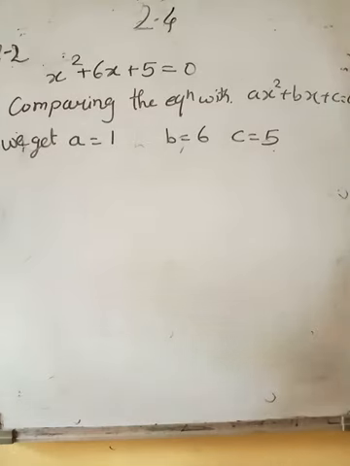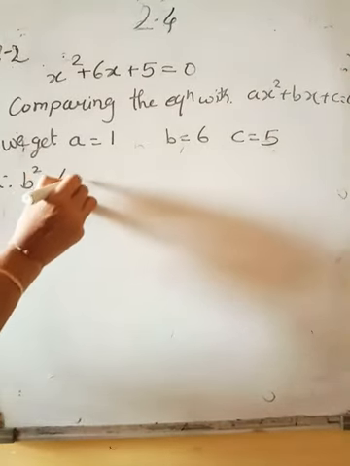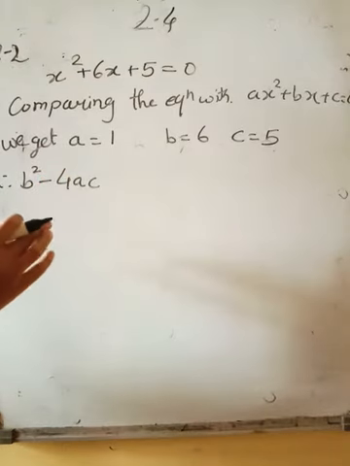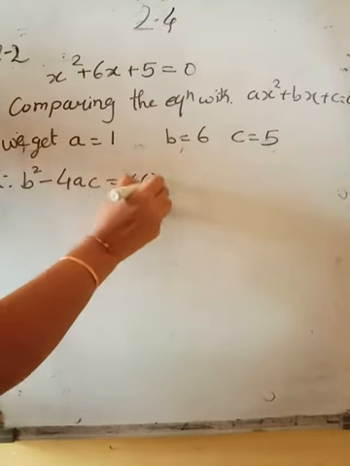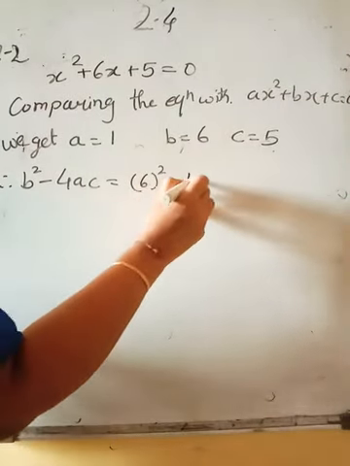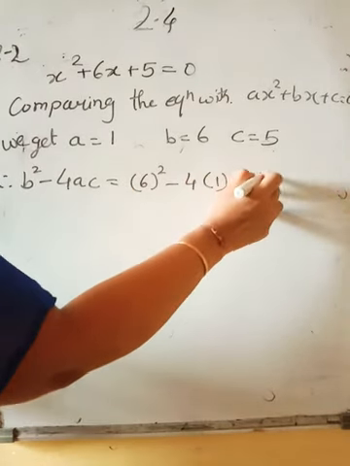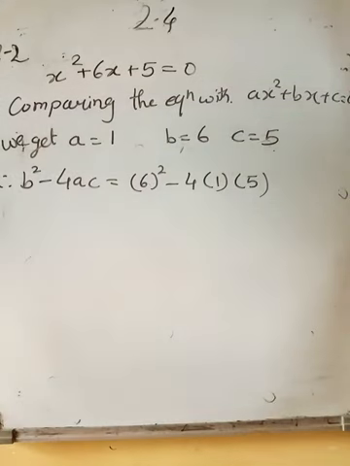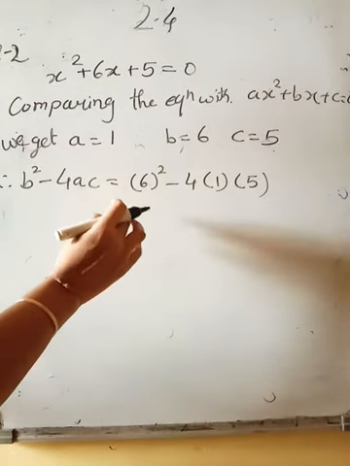So once you do this, then you have to find out b square minus 4ac. This part you have to find out first. So b square, that means 6 square, minus 4, what is a? A is 1 and c is 5. Right? So first always do the squaring part.